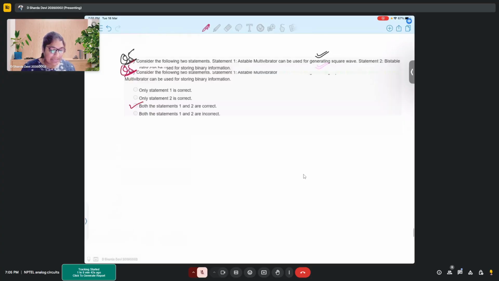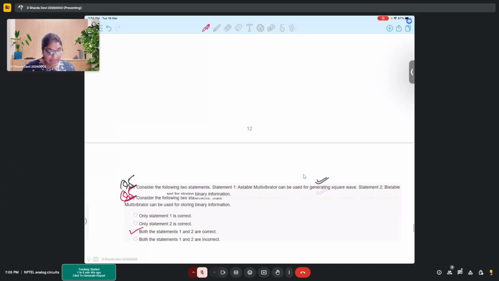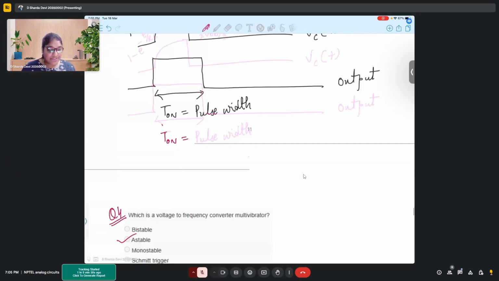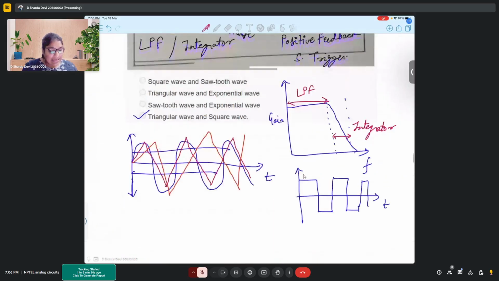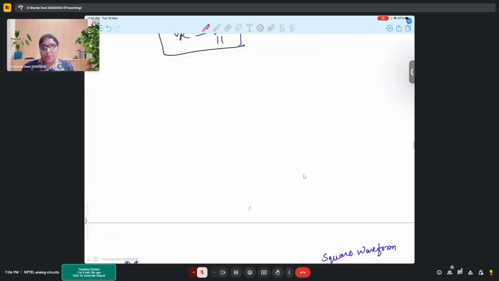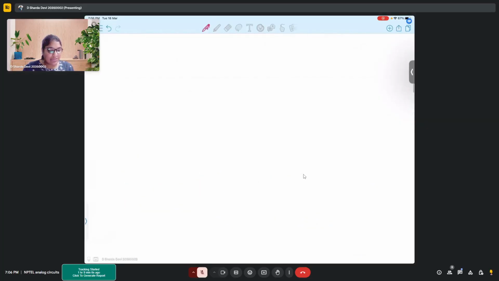So that's it for today's problem. These were the problems based on multivibrators as well as the Schmitt trigger circuit that we discussed yesterday. Now I can take up problems like a doubts session. Any doubts regarding any concepts?